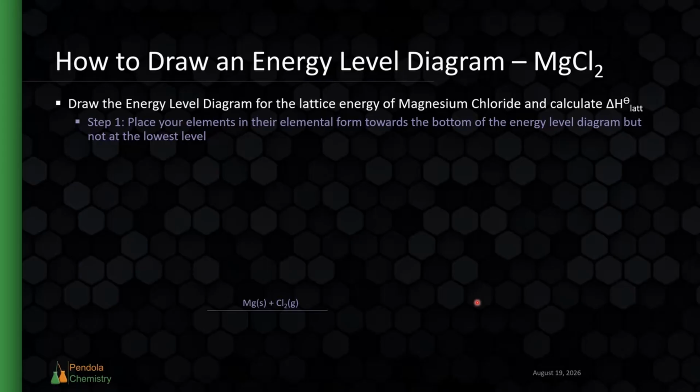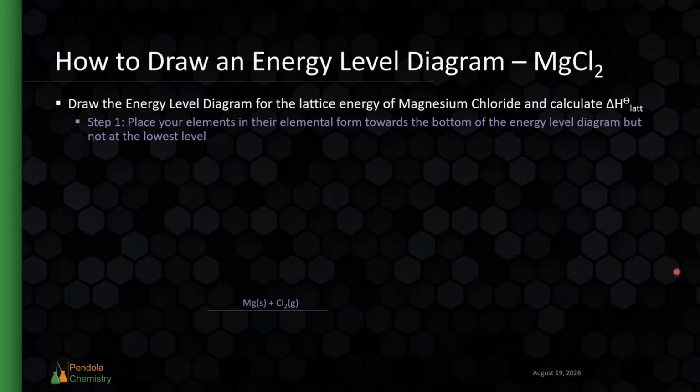In step 2, what we're going to do is start placing the different enthalpy changes. Remember, just like a Hess cycle, an energy level diagram is a combination of a number of enthalpy changes. So each arrow represents one enthalpy change. What is the first enthalpy change we want to put, which is the easiest to locate? Well, that's actually going to be an enthalpy change from AICE chemistry.